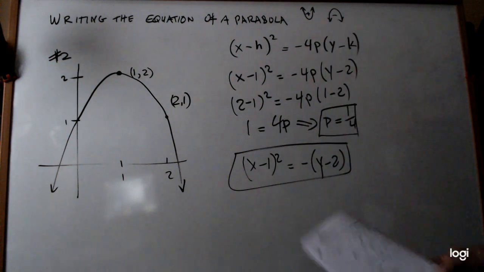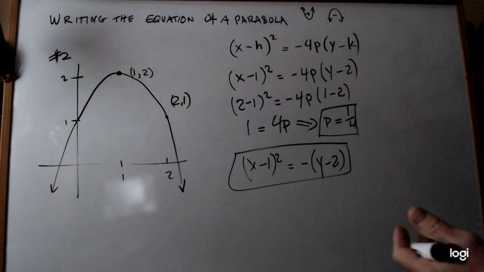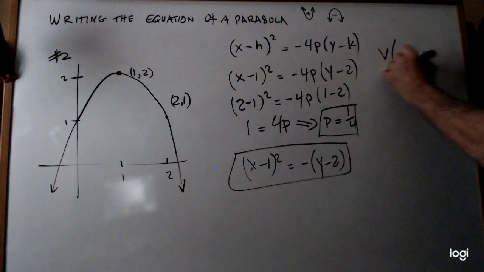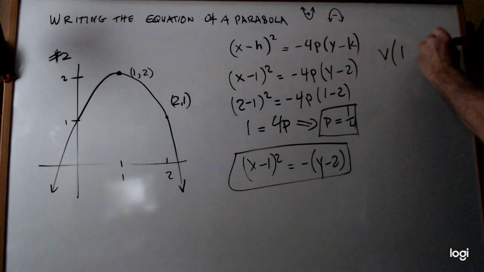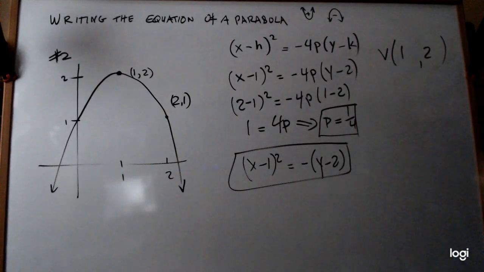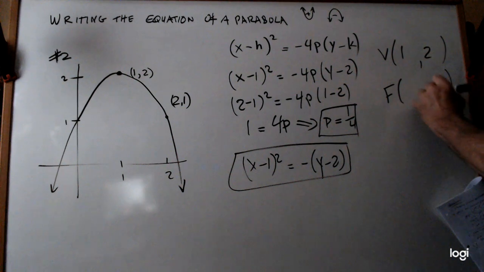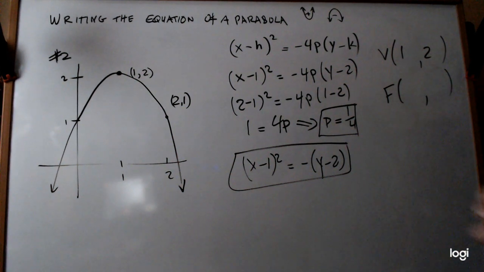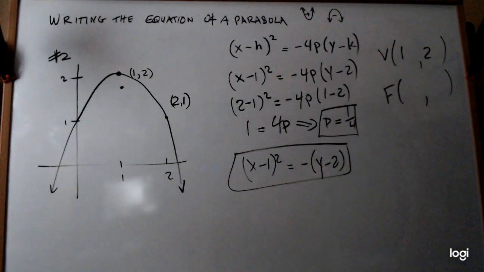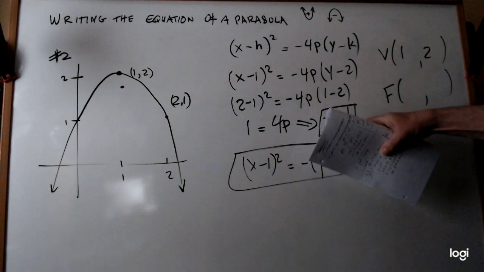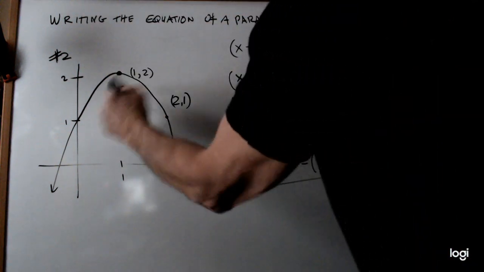P is 1/4. So let's talk about other things we have to find. Well, we're expected to find the vertex. So we should be able to just look at this diagram. We knew that originally. The vertex is 1, 2. That's easy enough. Let's get the focus. And the focus, of course, is going to be a point in here. Okay? And the value of p tells us how far we have to go. So we're going to go one step down, so that will give us the point.